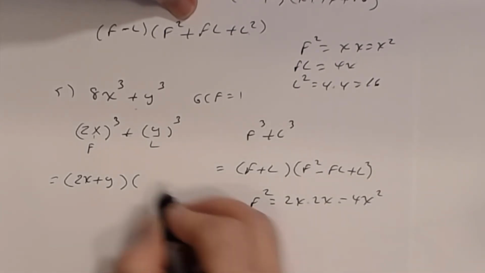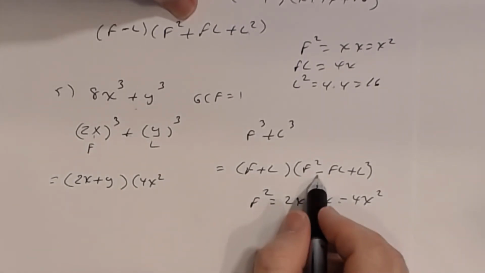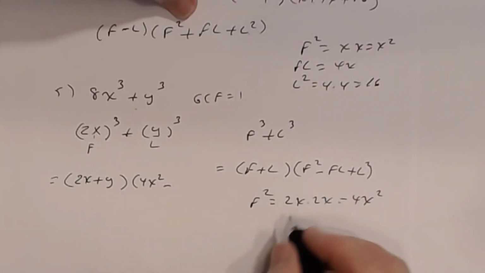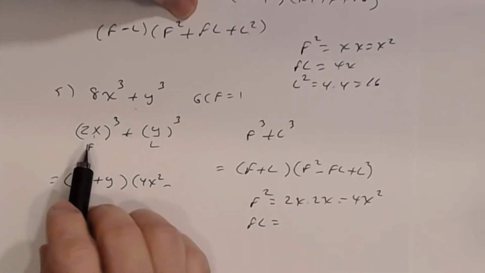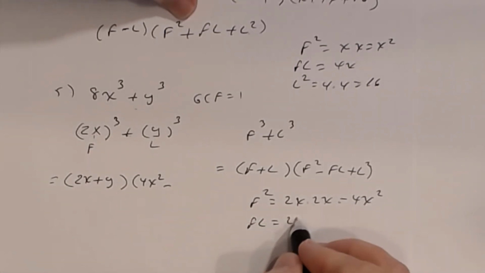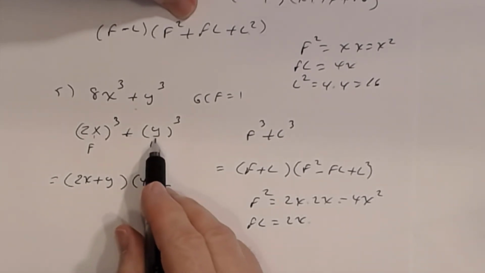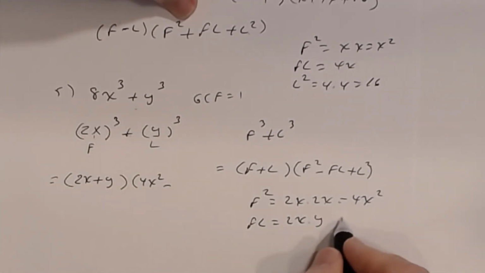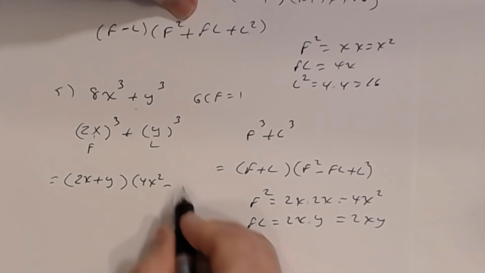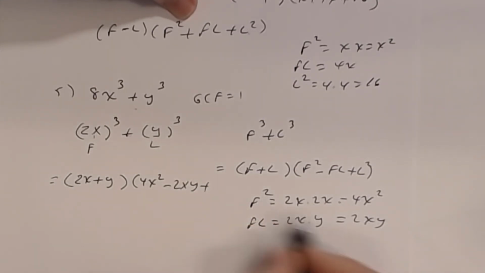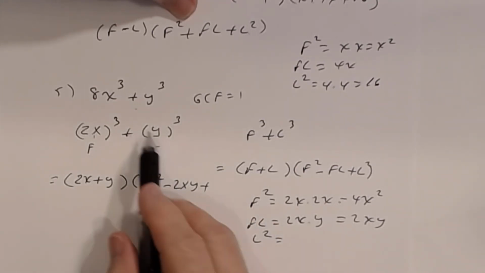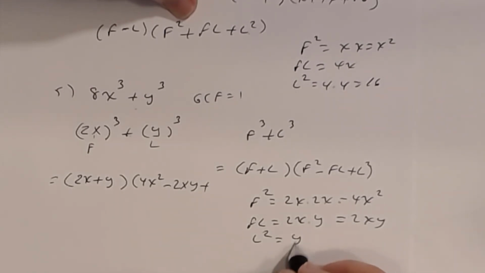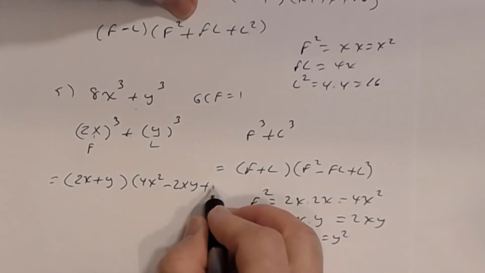So that's 4x squared. Minus f times L. Well, f is 2x times L, which is y, and so 2x times y is just 2xy. That goes here. Plus L squared. L is y, so L squared means y times y, which is y squared, and so that goes here.